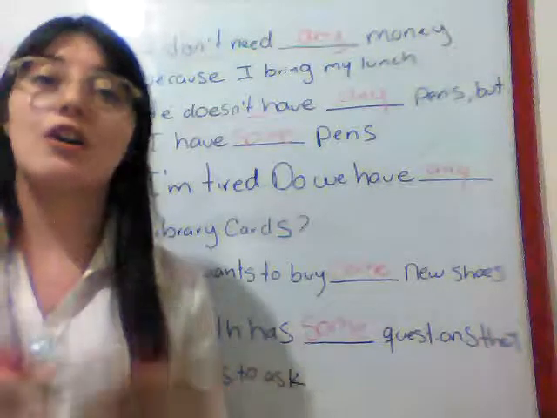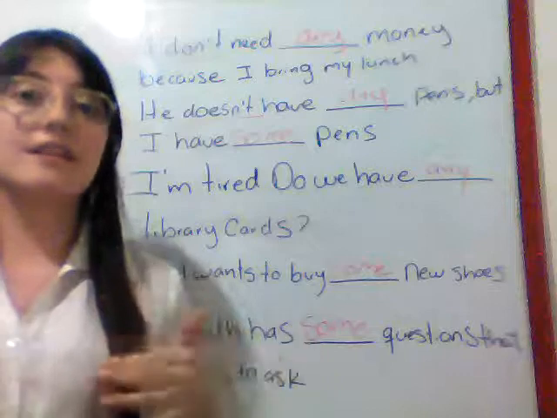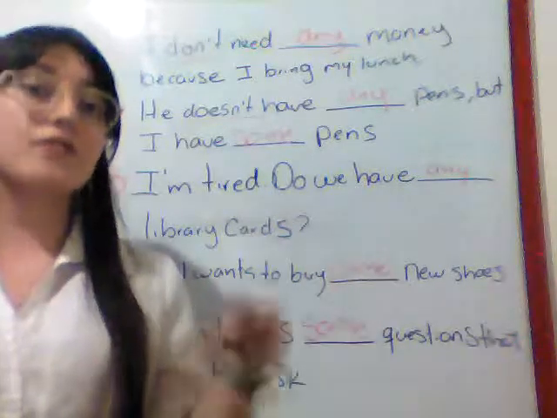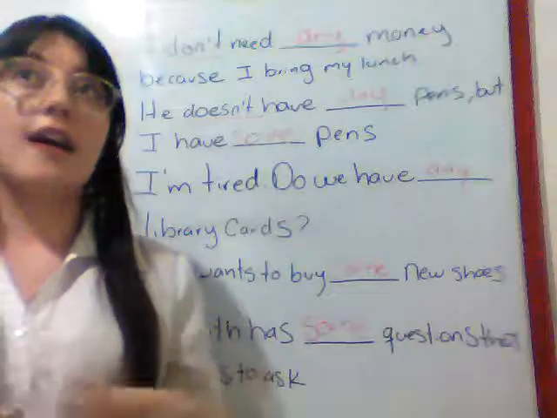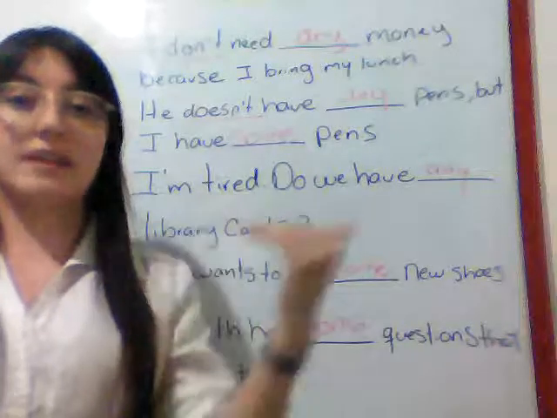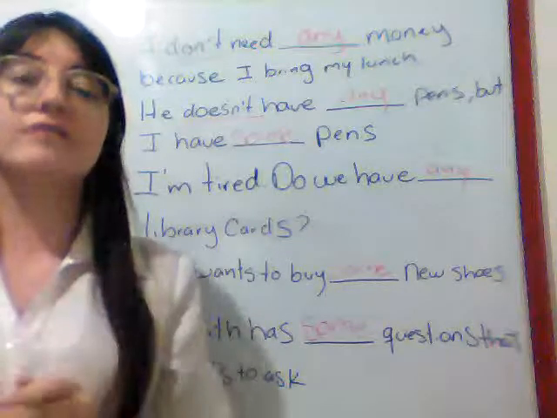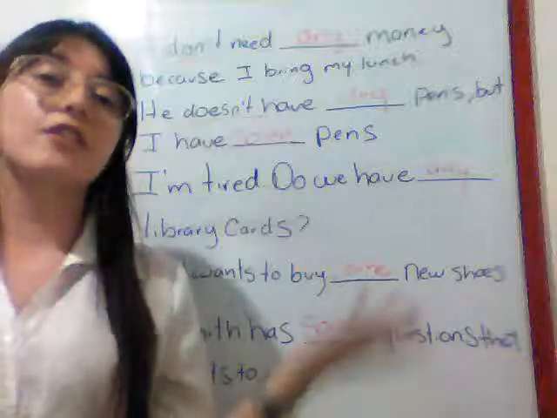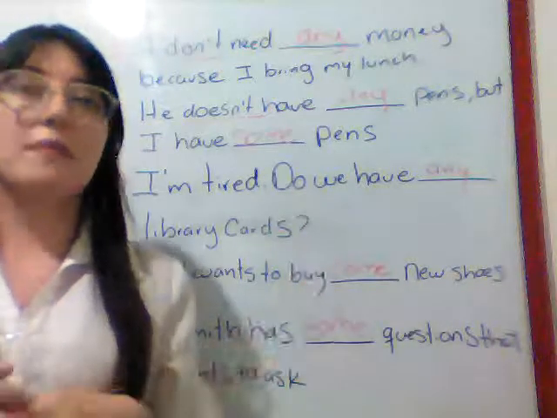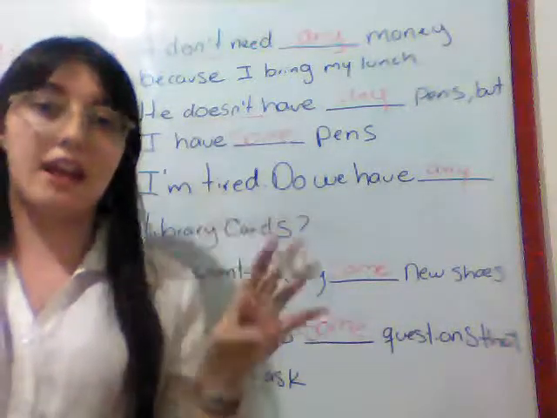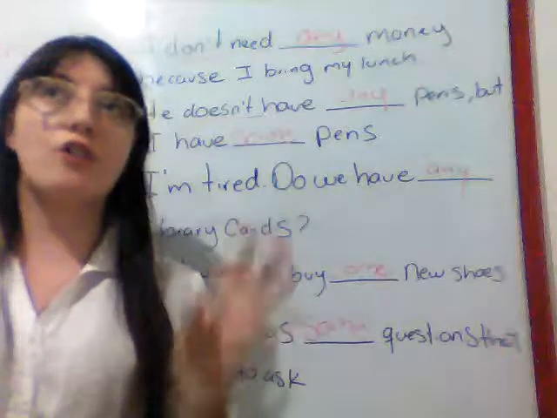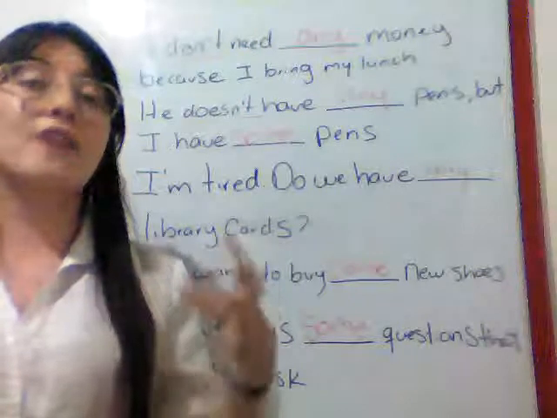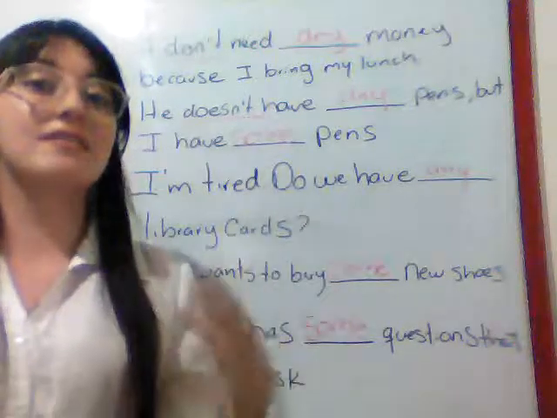In a negative sentence, I can say, I don't have any bags for the sales clerk. In the question, we change the same sentence: do we have any bags for the sales clerk? So this is the structure. Remember that we use some and any to be not specific about the quantity of the things that we have.